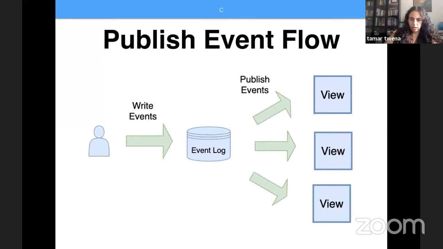What we're doing in that case is that we have somebody who's writing the events all the time to the event log. How do we publish the events? It really depends. There are multiple ways to do it.